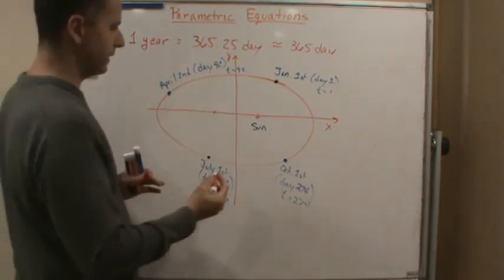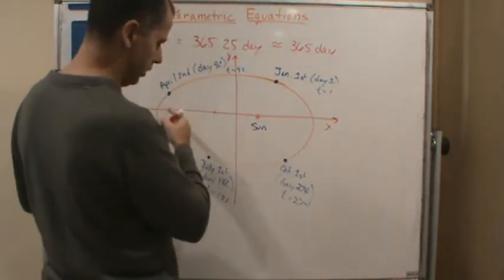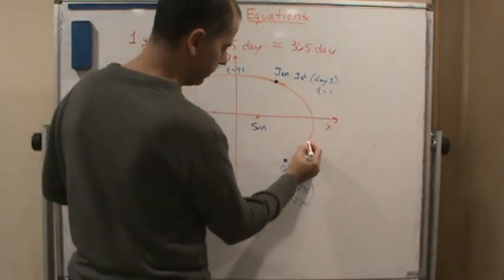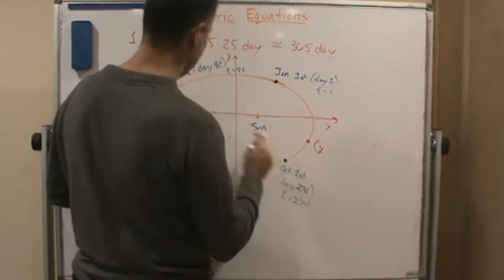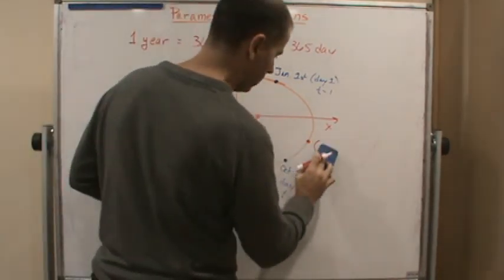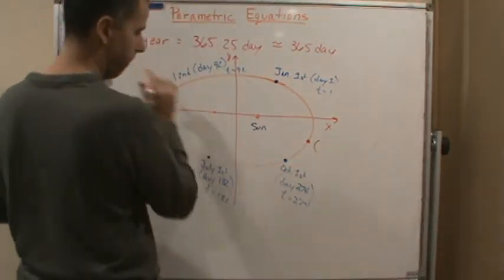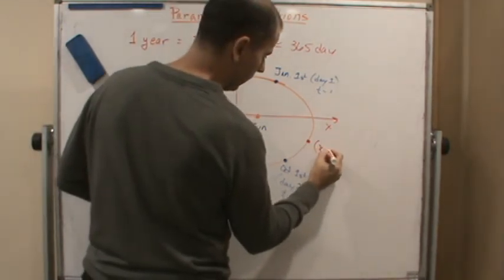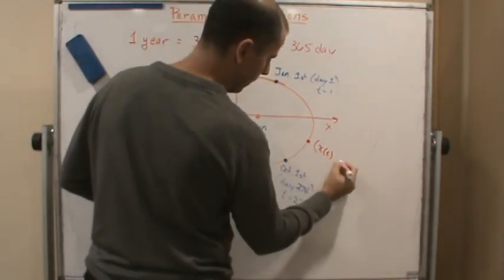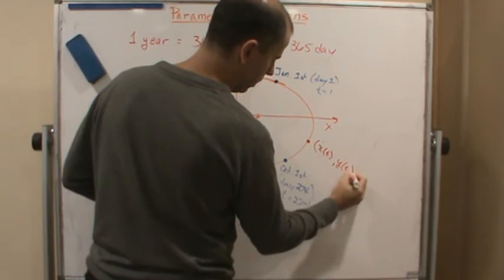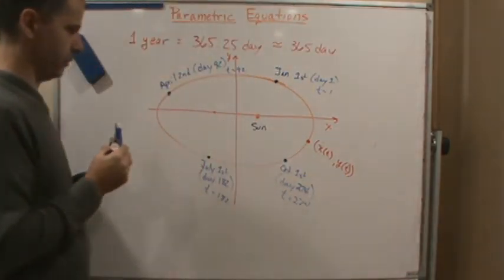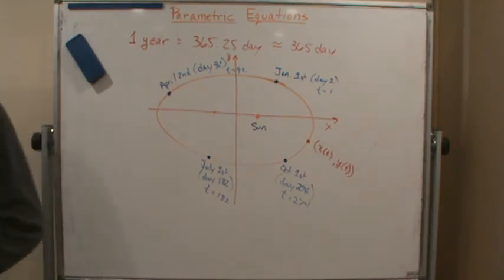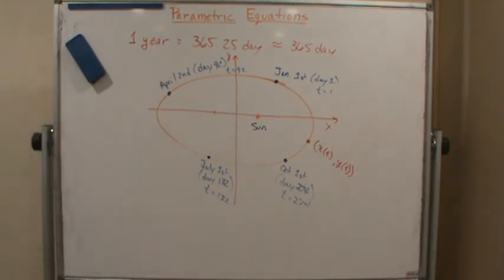So I can write any point along this orbit as x of t, comma, y of t, where both x and y are functions of time.